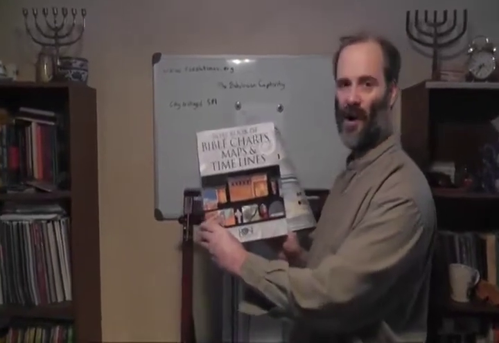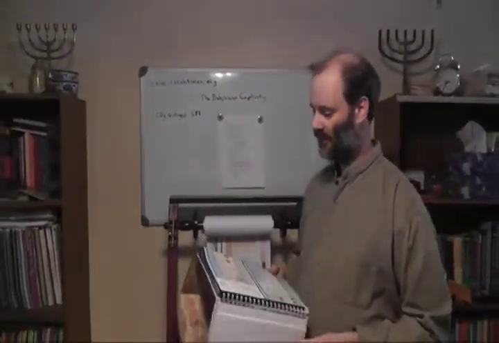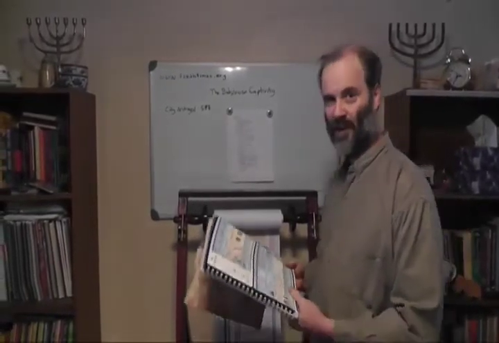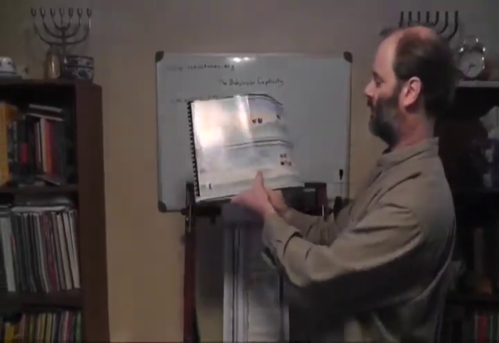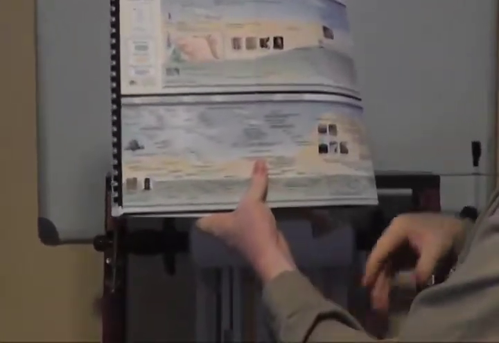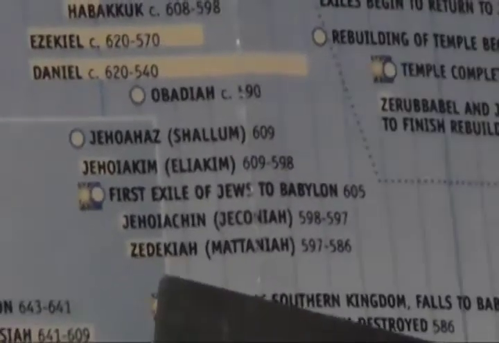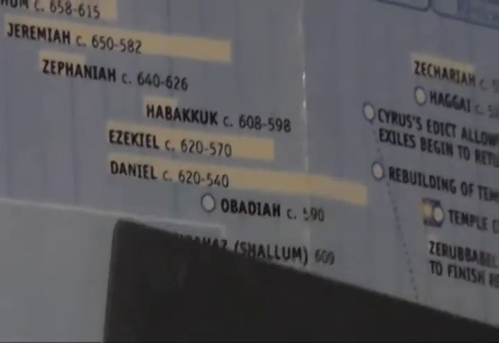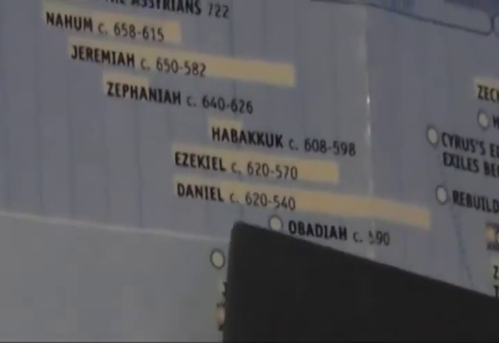I have the Rose Book of Bible Charts, Maps, and Timelines here. I want to illustrate that this is just symptomatic or typical of what modern books put in for the Babylonian exile. You can see the print here. You almost need a magnifying glass to read it, but I'll read it to you.